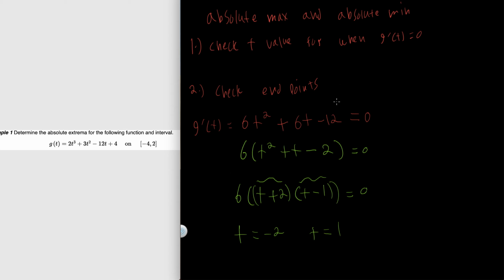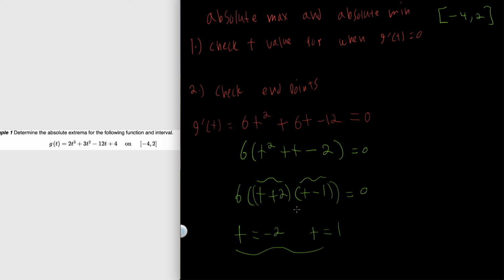Now, let's make sure that these two values that we just determined are in the domain that they defined. So they defined the domain to be negative 4 to 2 inclusive. So is negative 2 in there? Yes, negative 2 is in between these two, and then 1 is also in between, so we are valid to check these 2 points. And make sure to do that because that's something that's commonly missed.